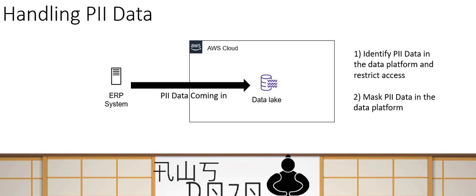Another set of customers I have seen are very restrictive. They say, I don't want any PII data at all in my data platform. So the moment any PII data comes to the data platform, they want to mask that information and make it unidentifiable right away. Generally, these are the people who say, I don't need PII information for my use cases.